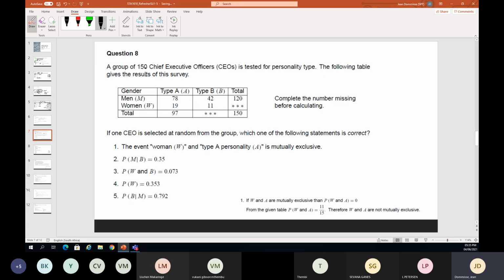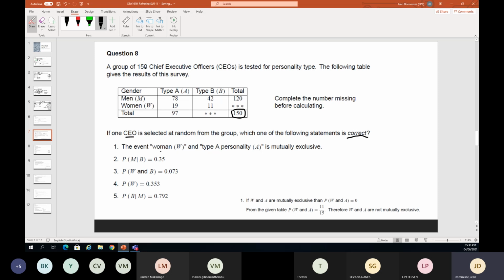The following table gives the results in the survey: type A, type B, men, women, with a total of 150. They say complete the missing values before calculating, but let's first look at the question. If one CEO is selected at random from the group, which one of the following statements is correct?